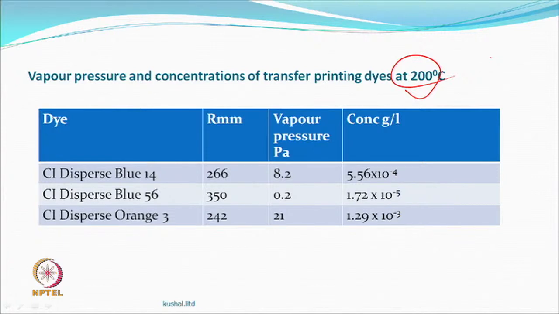So, what do we see? We see that there is a disperse blue with 266 as the molecular weight. At this temperature, it has some vapor pressure, and based on whatever we have, the concentration of this is somewhere around 10 raised to minus 4. Remember, we were talking about concentrations of grams per liter and so on.